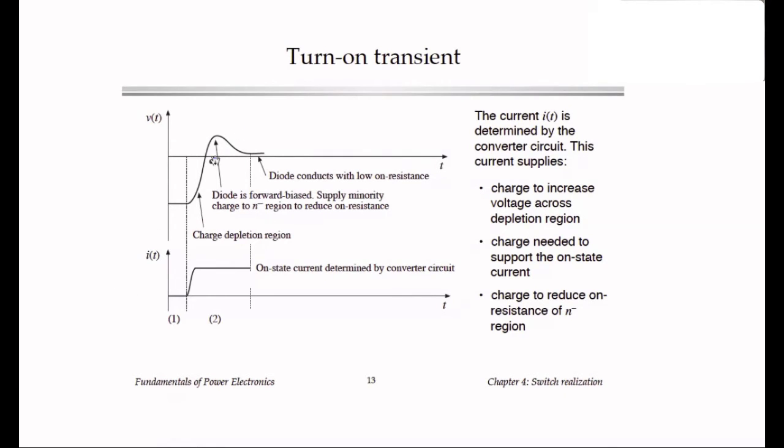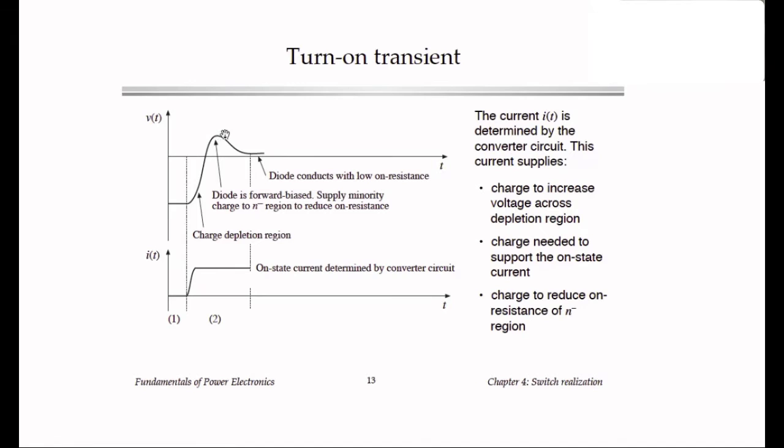We may or may not observe some voltage overshoot as shown here. What's happening here is that if we turn the diode on quickly, it's possible that we initially observe the voltage of the lightly doped region without conductivity modulation.